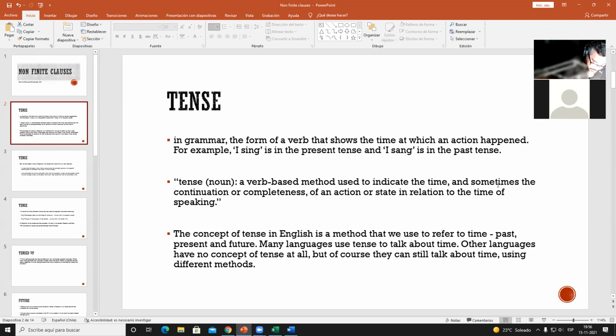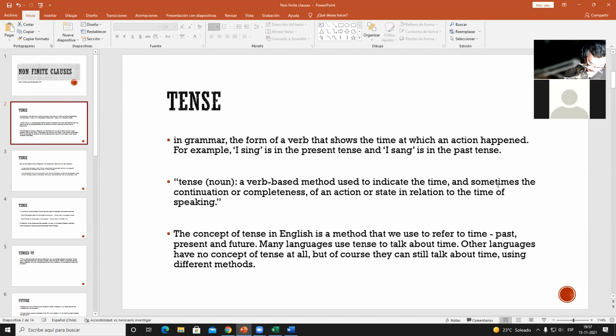Inside the verb phrase, we have some aspects or some variations. You can create different forms of verb phrases by producing certain changes. One of these changes is the tense.